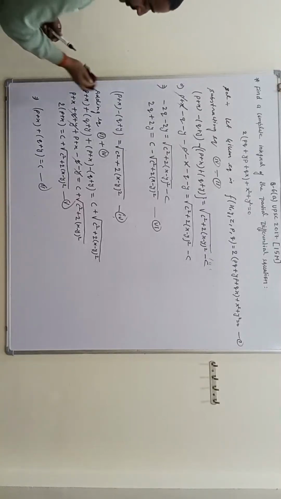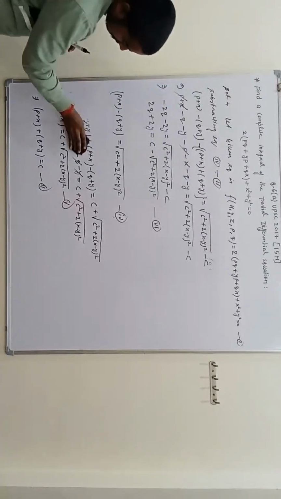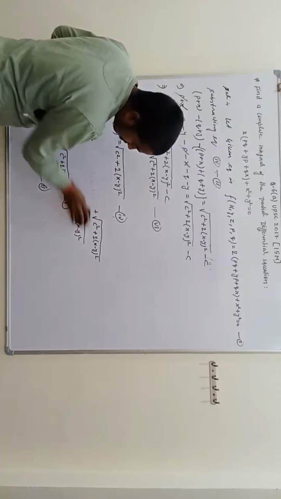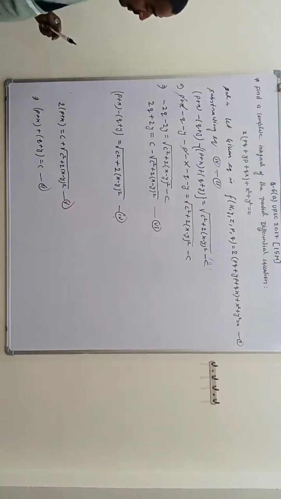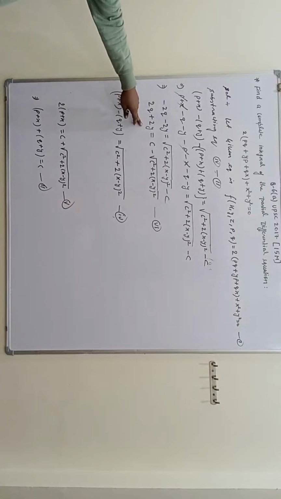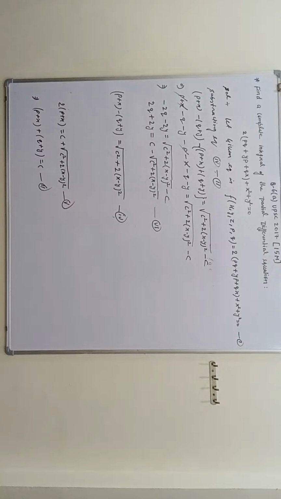Further we have to solve, eliminate 2q plus 2y and 2p plus 2x. Once again, using from here we have to find the value of q.